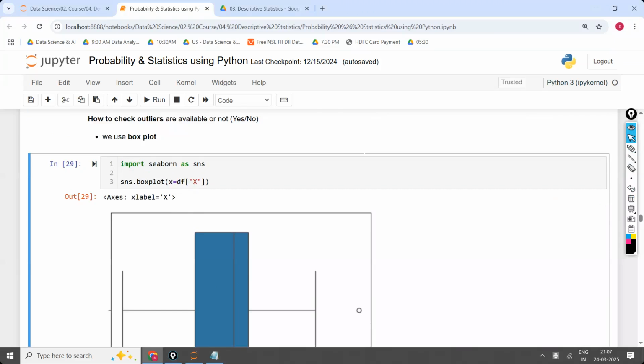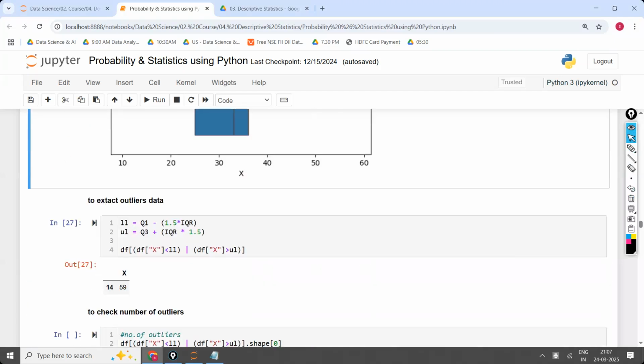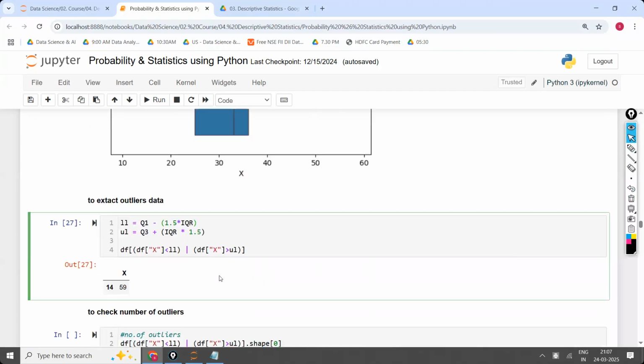Which is an outlier, I want to check, that is not done using the box plot. That is the next topic. To get the outliers, we are going to get them like this. This is the way to extract the outliers. 1 is there, 2 is there, 100 records might be there. All the records you will get. In the given data set, how many outliers are there? Every outlier you will get.